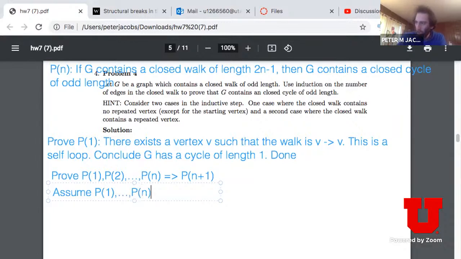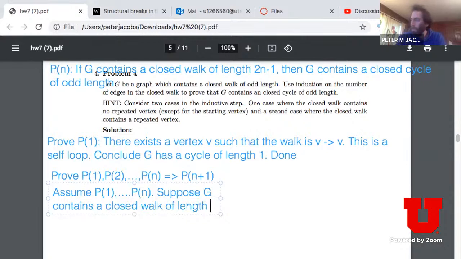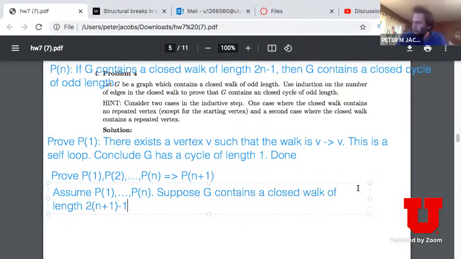Now in order to show P of n plus 1, we consider, suppose G, our graph, contains a closed walk of length 2 times n plus 1 minus 1, because we are trying to prove P of n plus 1.